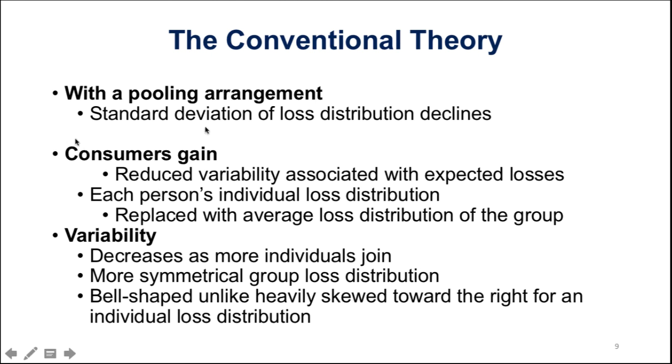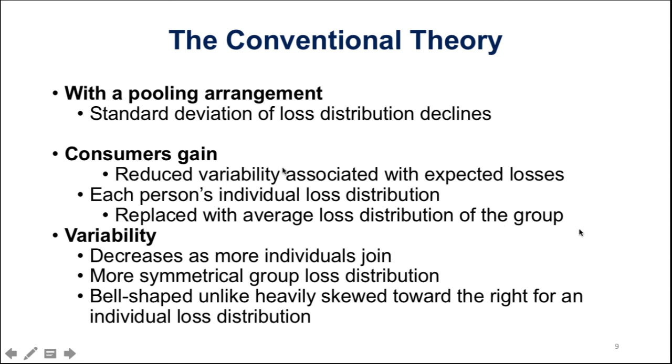So in the conventional theory, we say that with the pooling arrangement, the standard deviation of the loss distribution declines by getting a bigger number of people into the pooling arrangement. We decrease this variability, and we show that numerically. The consumers gain by reducing the variability associated with the expected losses, and each person's individual loss distribution is replaced with the average loss distribution of the group.